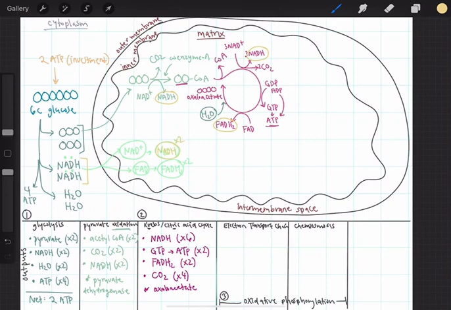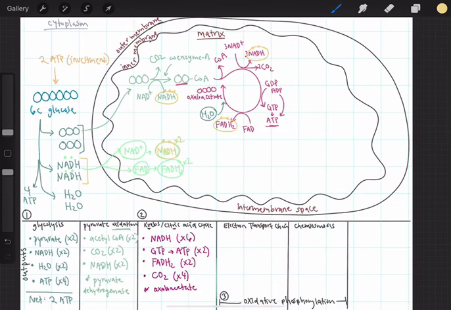We have these 2 NADH molecules carrying their 2 electrons on each molecule. We also have this NADH molecule that carries 2 electrons. We have this FADH molecule carrying 2 electrons. This NADH molecule also carrying 2 electrons.